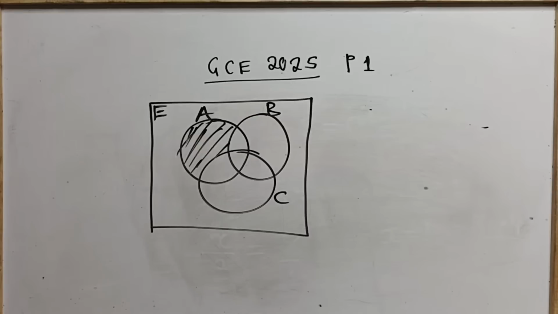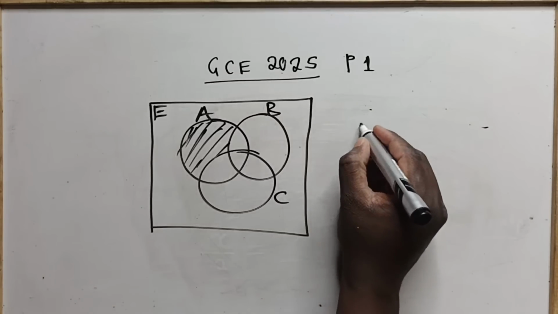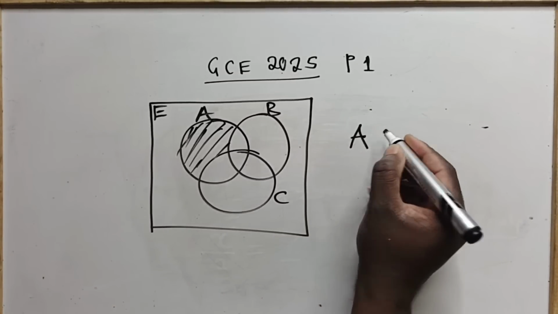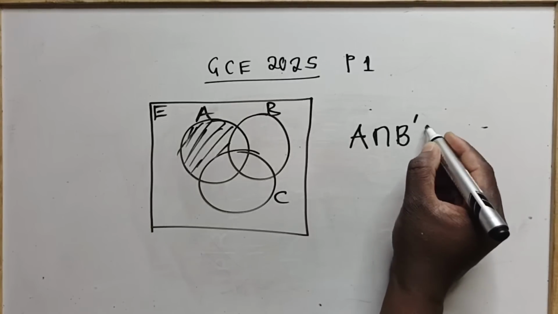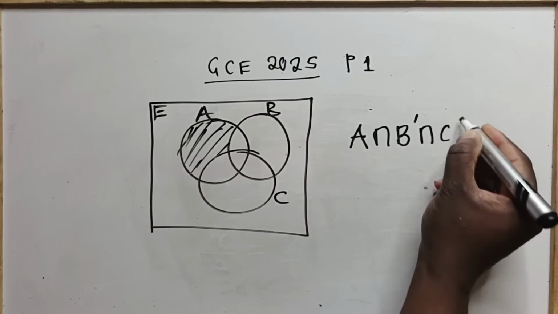It will be what? So in my own understanding, I can say this is A intersect B complement intersect C complement.